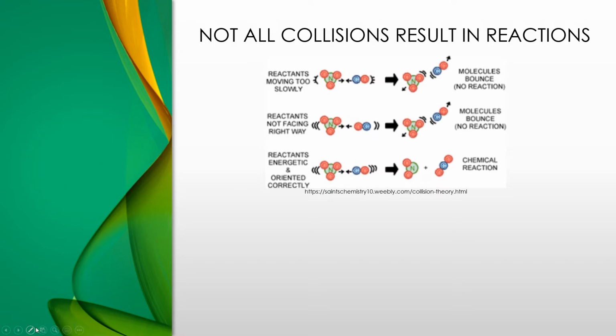First off, our reactants may be moving too slowly. So when they collide, they do not have enough energy for an actual chemical process to occur. They just bounce off each other, essentially. The other factor that we need to focus on is whether or not the collision is happening in the right way. So what that means is sometimes, not all the time, but sometimes chemicals have to collide in exactly the right spot so that specific parts of each molecule come into contact with each other.